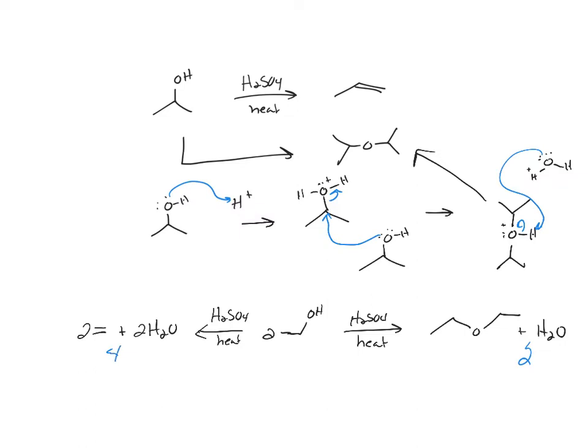So which one's favored under entropy? The one with 4. So this one here is higher entropy, so it's favored on entropy. If you remember going way back in your memory, delta G equals delta H minus T delta S, I forget the formula exactly. Something like that.